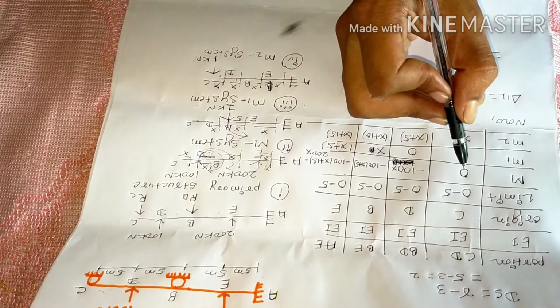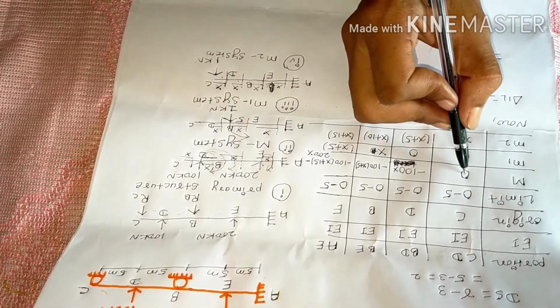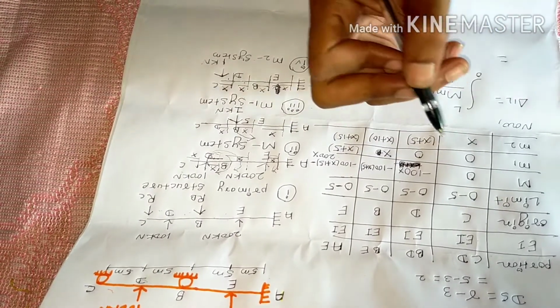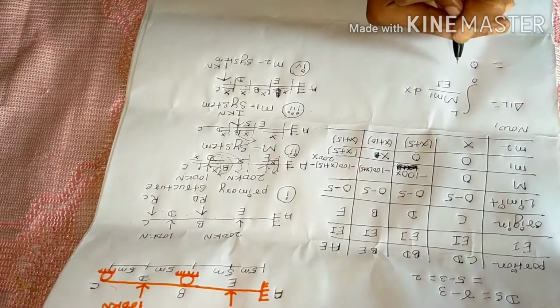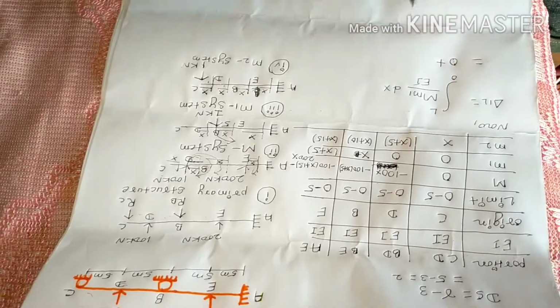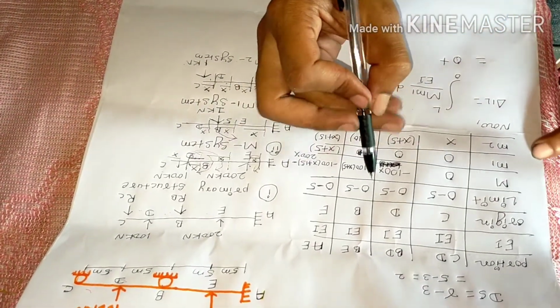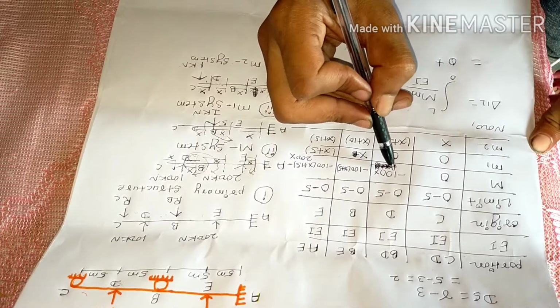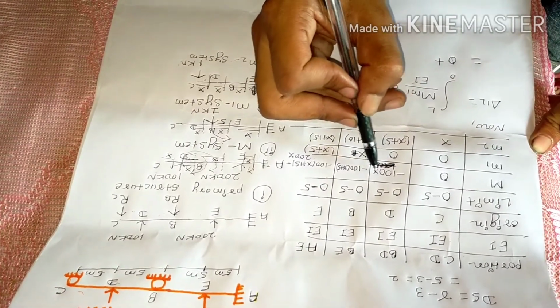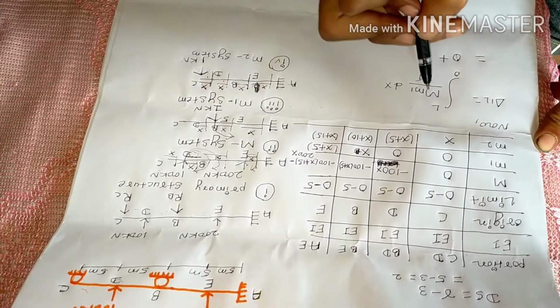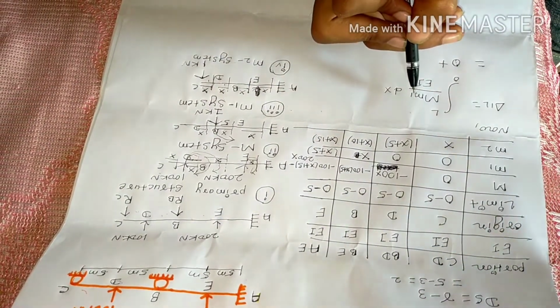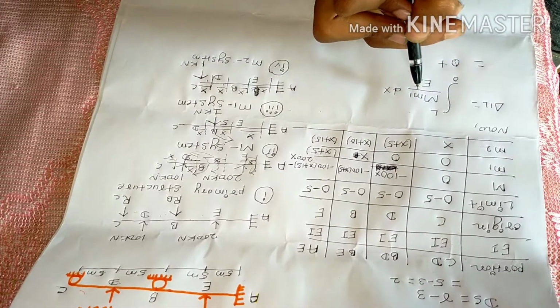We can see for portion CD, m moment is 0 and m1 is 0, so this becomes 0. Plus in portion BD, m moment is minus 100x and m1 moment is 0. If you multiply m with m1, this will become 0.